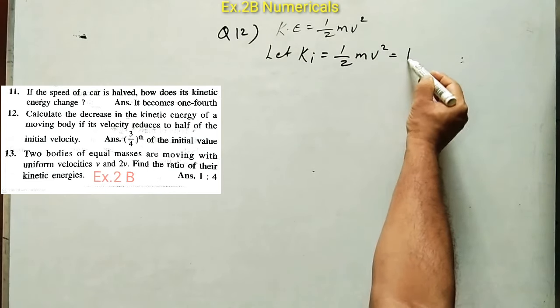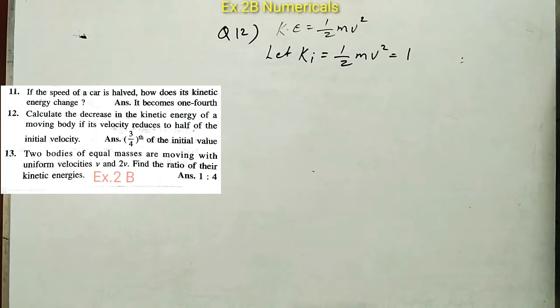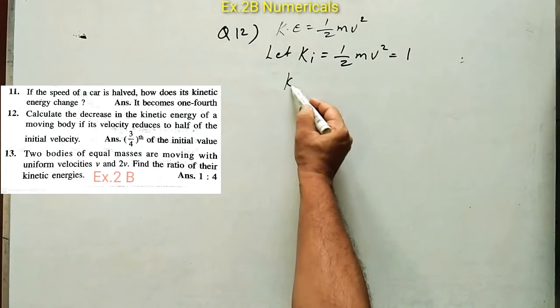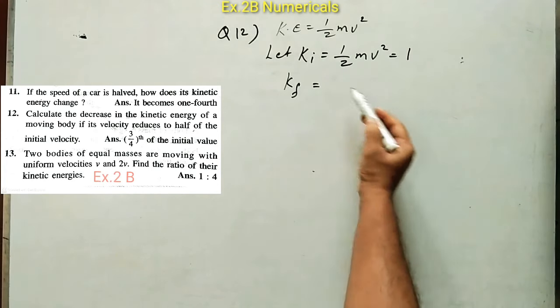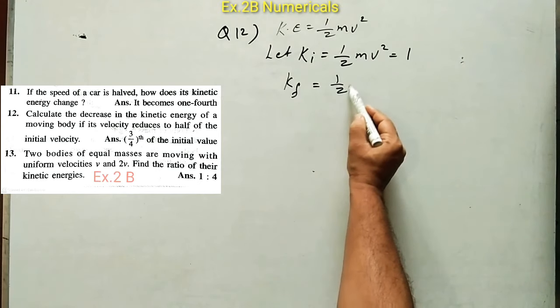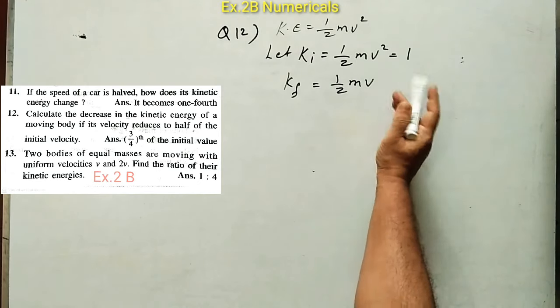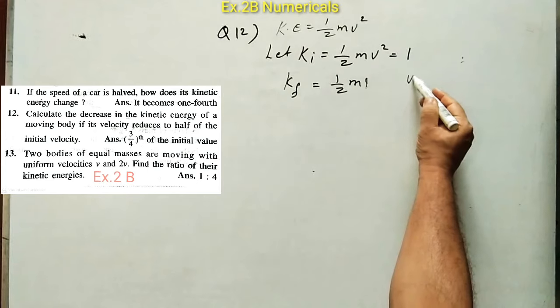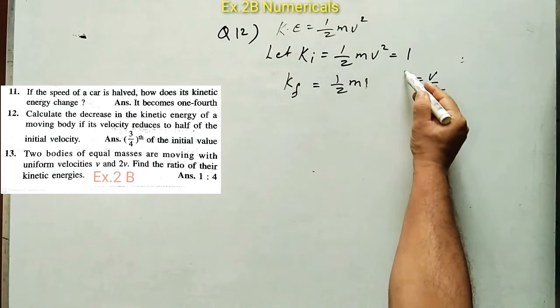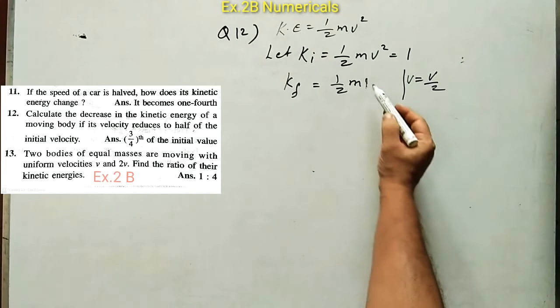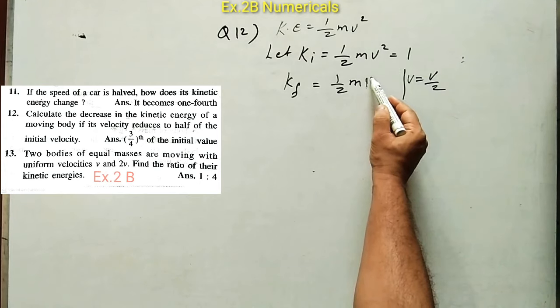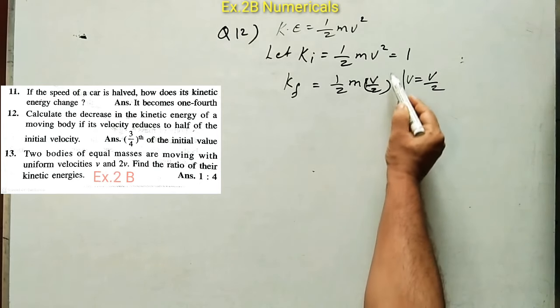Let it be 1 for our convenience. And the final kinetic energy Kf is equal to half m, in place of v, when v is reduced to half of initial velocity, v by 2 the whole square.